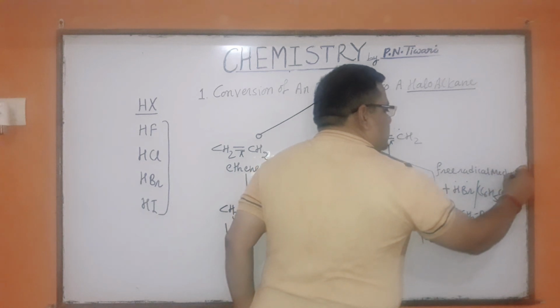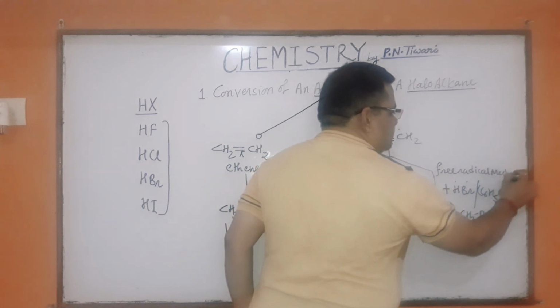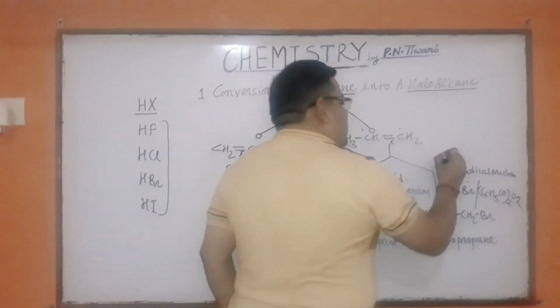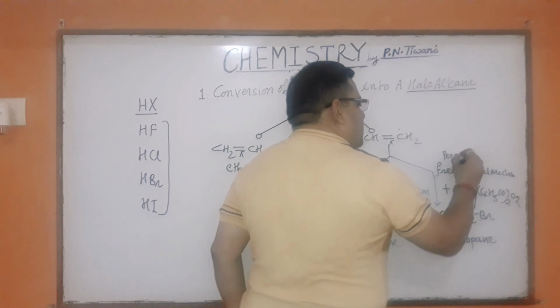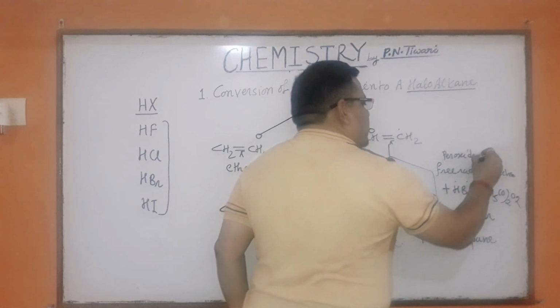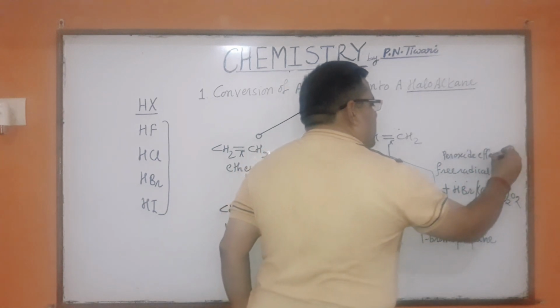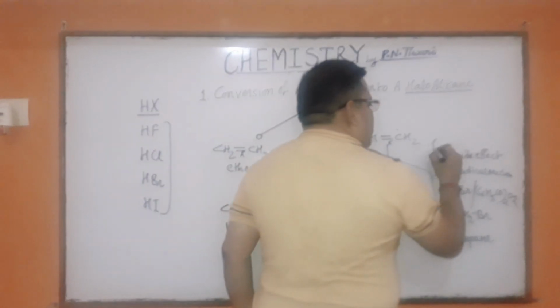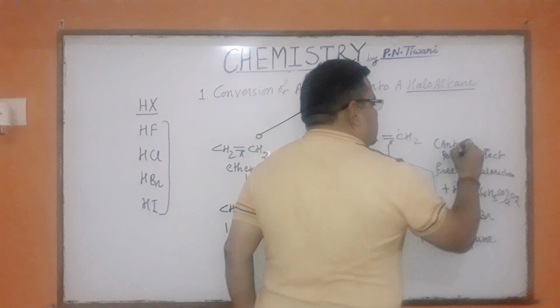Since this conversion takes place in the presence of benzoyl peroxide, it is called the peroxide effect, or dear students, it is also called anti-Markovnikov addition.